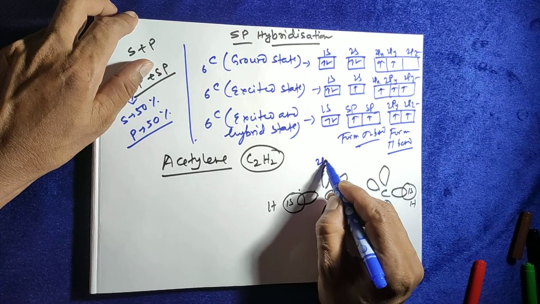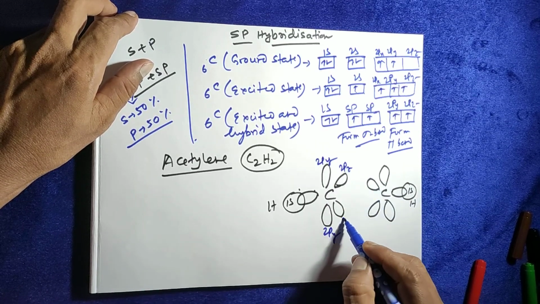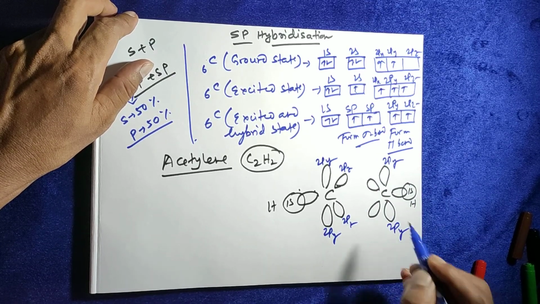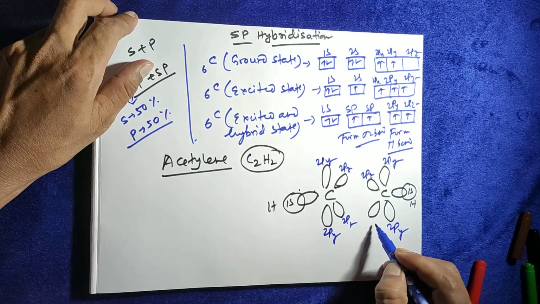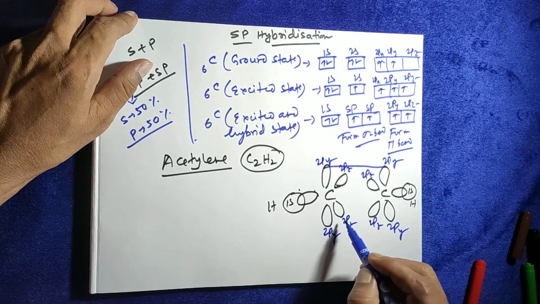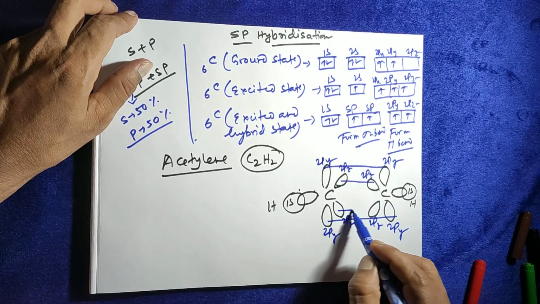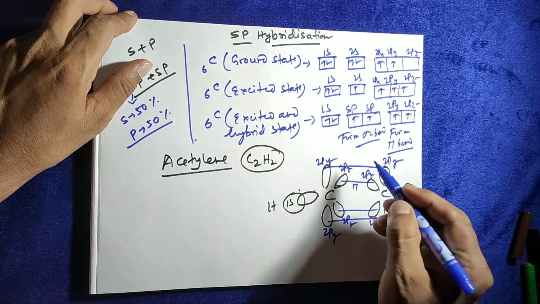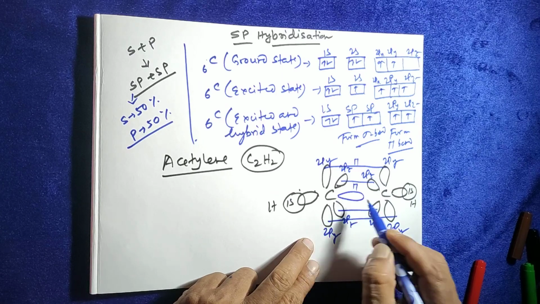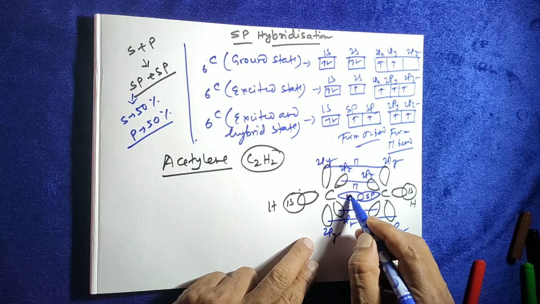These are 2py and 2pz, 2py and 2pz, and they form pi bonds. This is sp of carbon, sp of carbon.